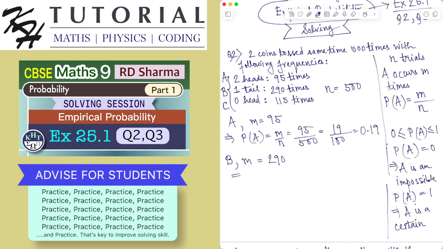So this implies probability of the event B, that is, if I toss two coins at the same time, only one tail will show up, will again be m by n based on the empirical probability formula. m is 290 and n, the total number of trials, is 500. This will be 0.58.